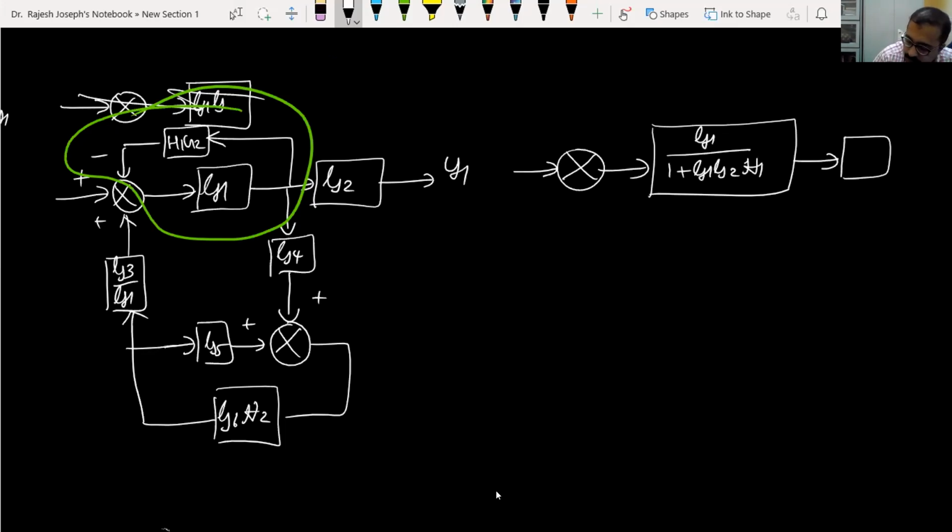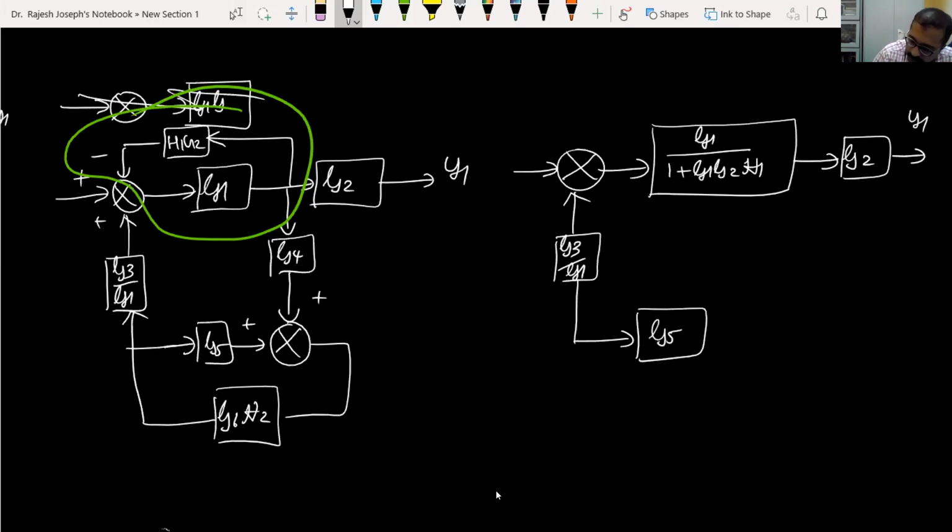This is G2. This is Y1. Okay. So here we have G3 by G1. Then here we have G5. Right. From here we have G4. Here there's a summing point.